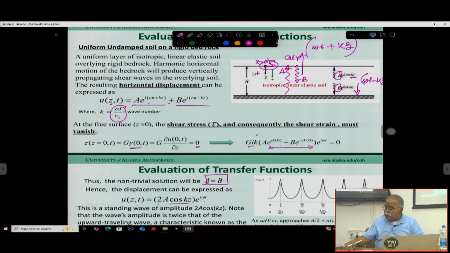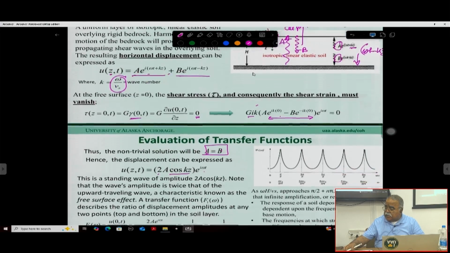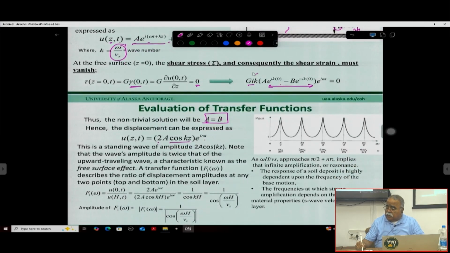Now please understand that this is your displacement equation, and this is your g factor, and this is your time. So as the wave propagates, it has a time.